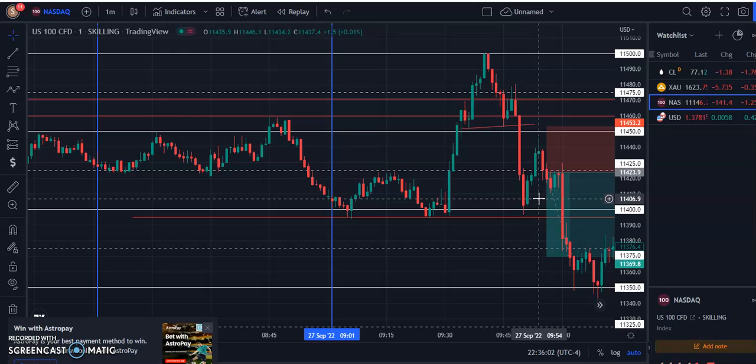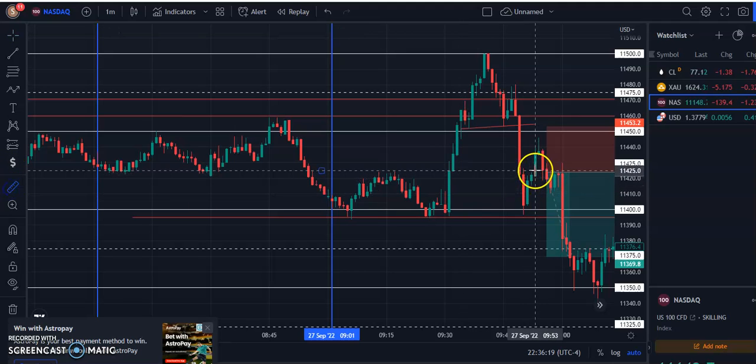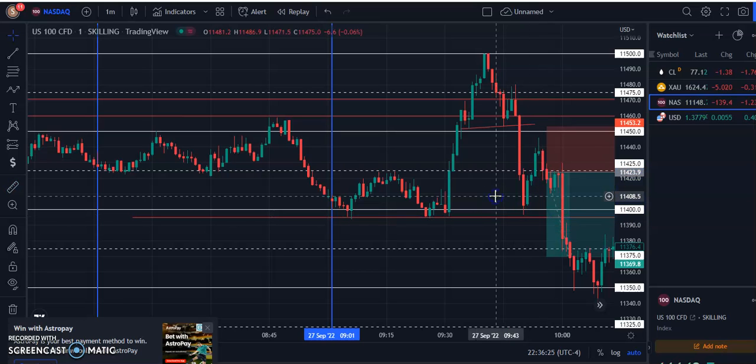And again, we have this head and shoulders pattern at the high of the session, at the high of the day. We have not cleared out the money yet. That is 25 pips, easy 25 pips from here to here. Easy 30 pips.